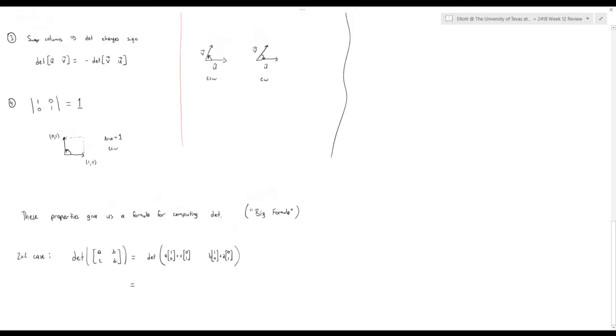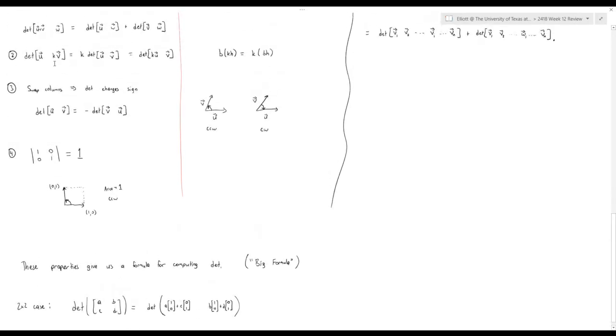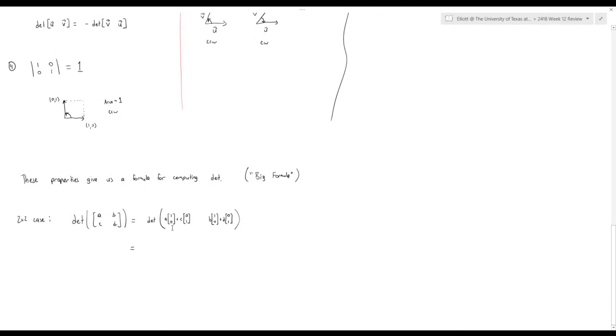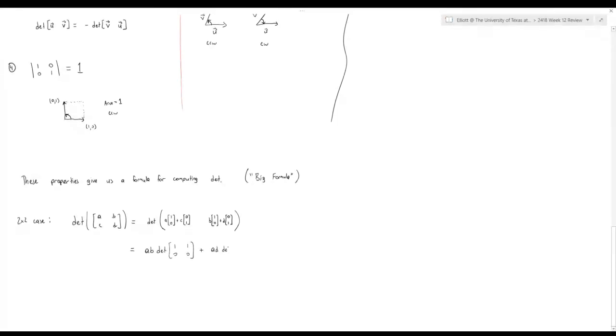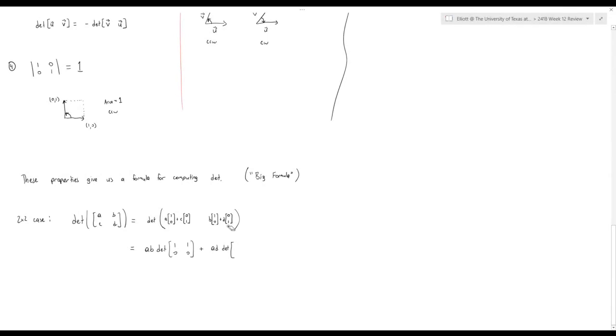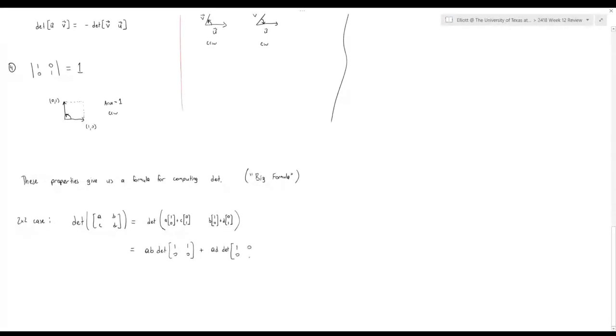And I'll use the second property as well, where I can take any scalars on the inside and factor them out to the front. So looking at the first two terms, we have AB, and then we have (1, 0) and (1, 0) again. Next, if I continue FOILing, we'll have AD, and then we have (1, 0) and (0, 1).